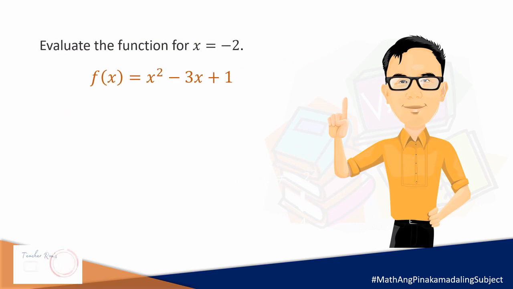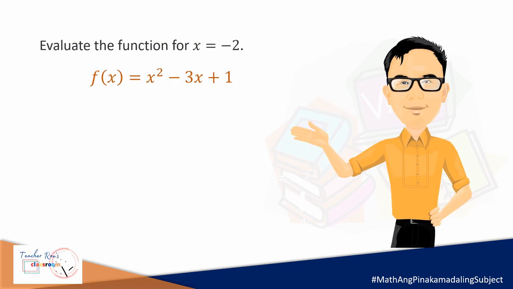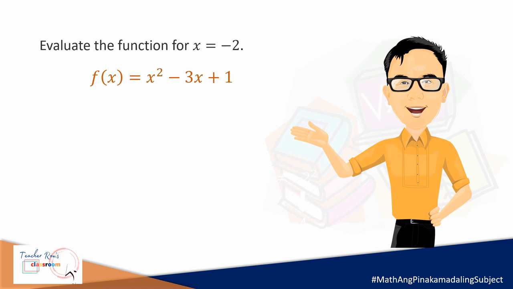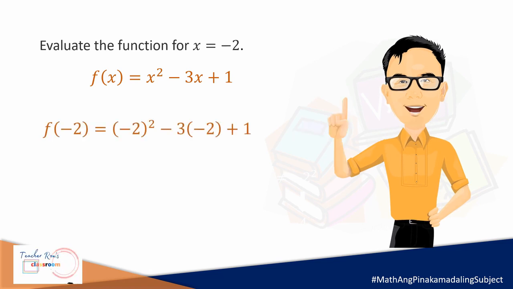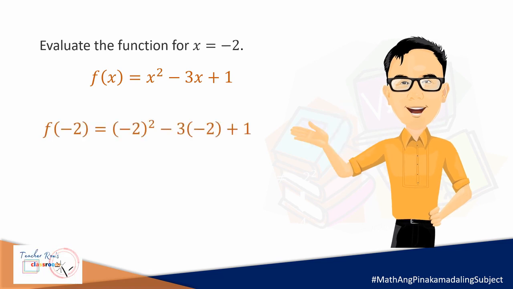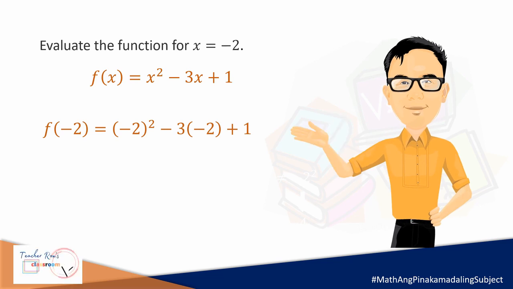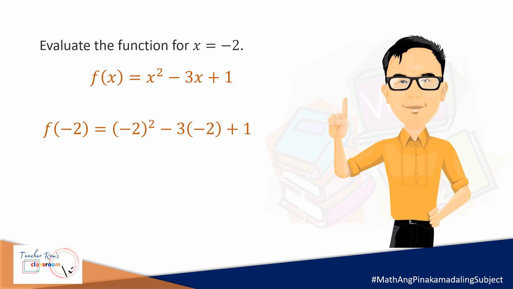Let us evaluate the function for x equals negative 2. Given f of x equals x squared minus 3x plus 1. So we have f of negative 2 equals (negative 2) squared minus 3 times negative 2 plus 1.